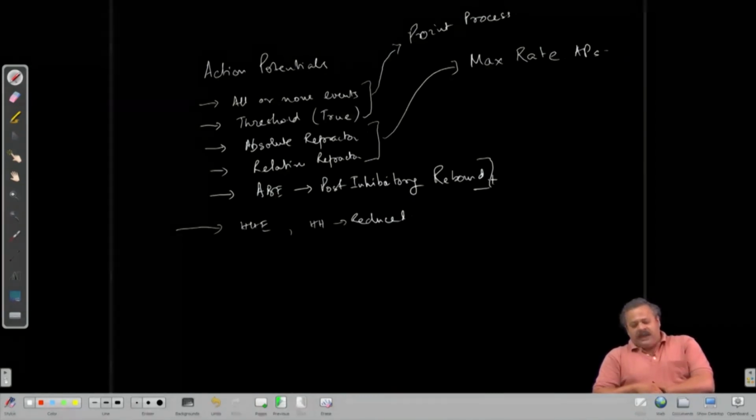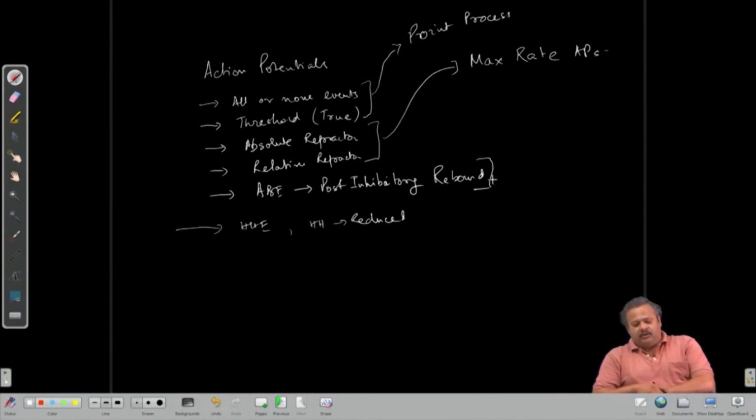So, since the rate of action potentials is an important measure of response, it also becomes important to model the firing rate with simpler models of neurons.